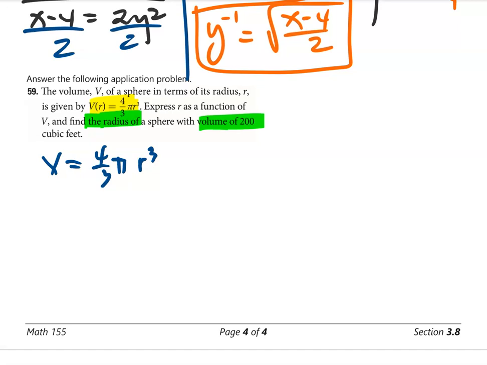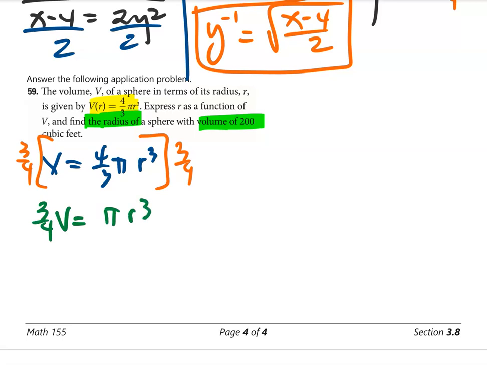So let's isolate r. So what do we do here? Multiply by the reciprocal of 4/3, so that is 3/4. So this is 3/4 V is equal to pi r cubed. Then divide both sides by pi.